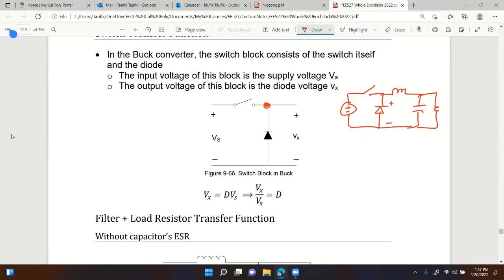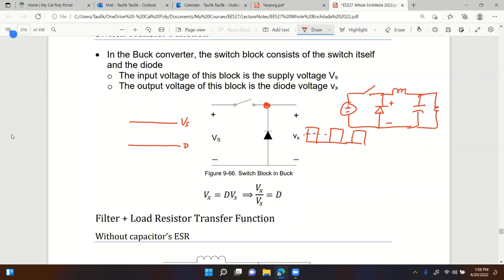Let's keep in mind that this switch turns on and off, on and off. So if the input is a flat input, Vs, then Vx would be like this, depending on the duty cycle.